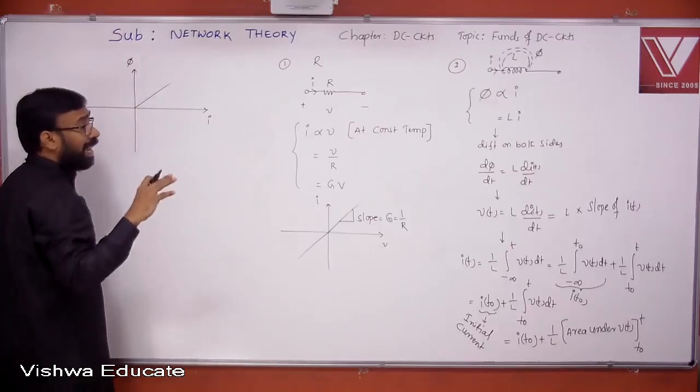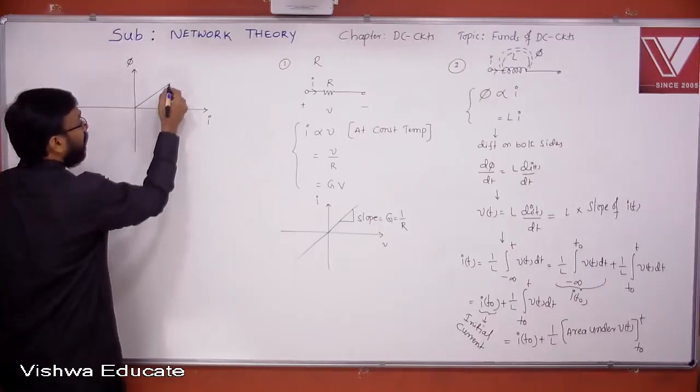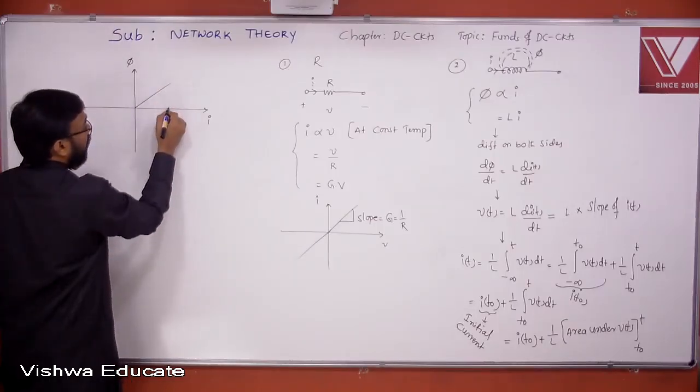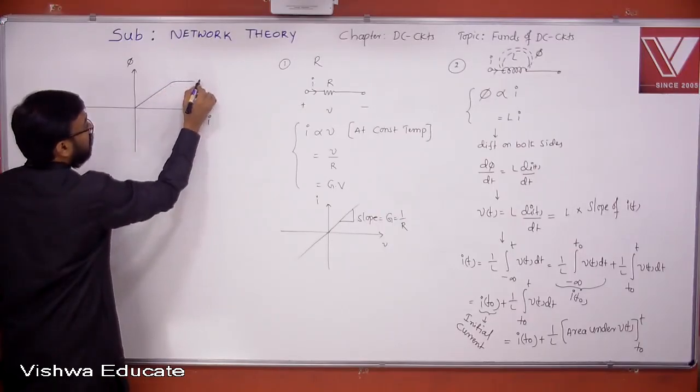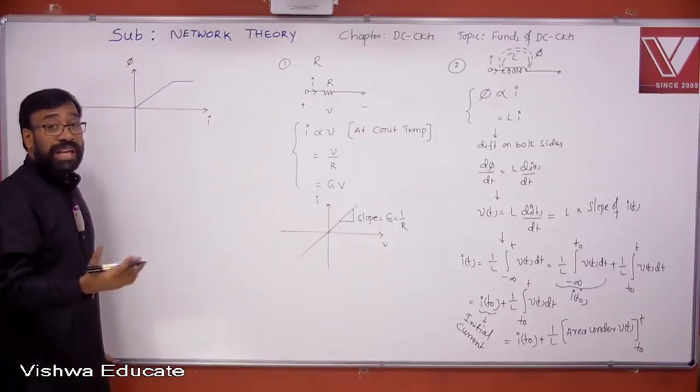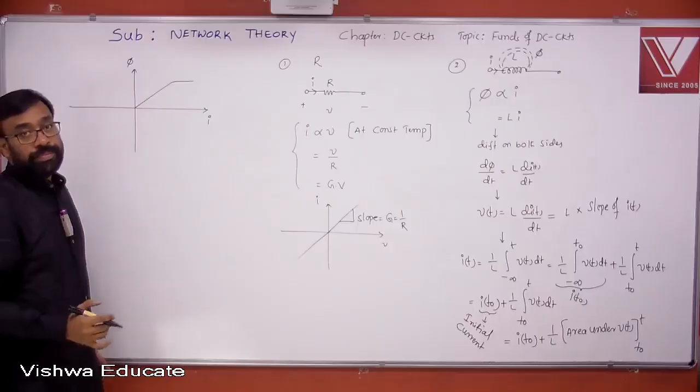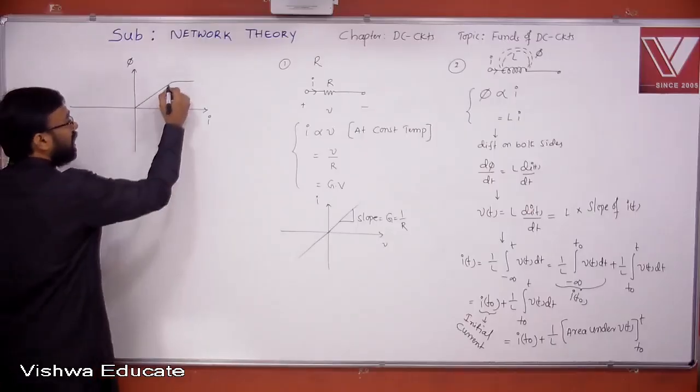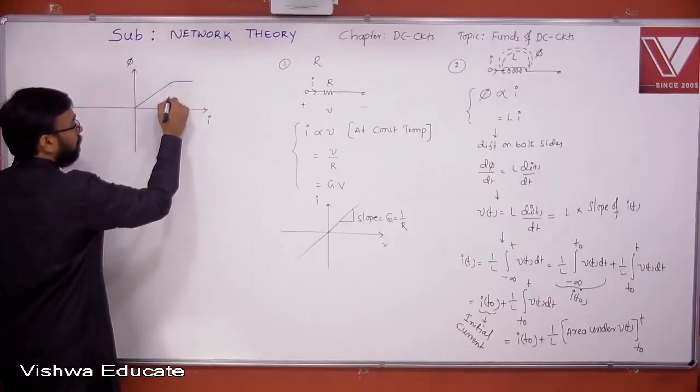There is always a magnetic saturation. After a certain value of current, the flux will remain constant, or it may not increase in proportion to the current.